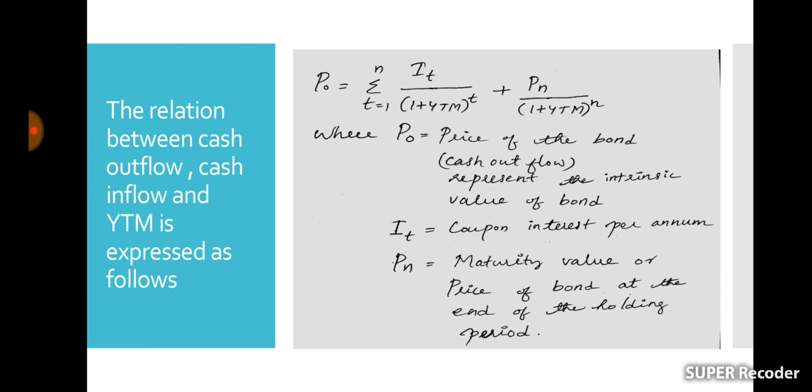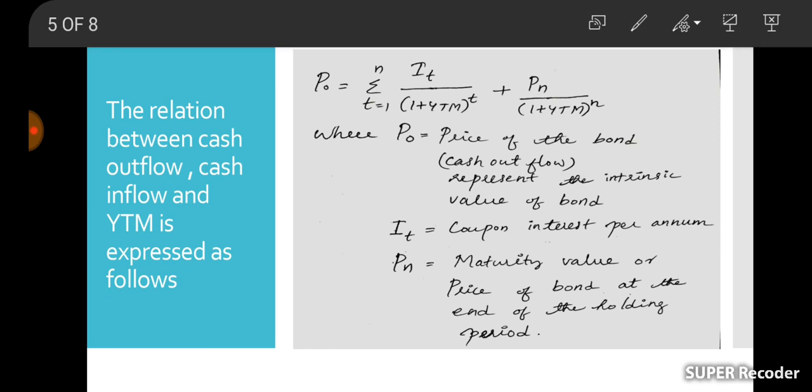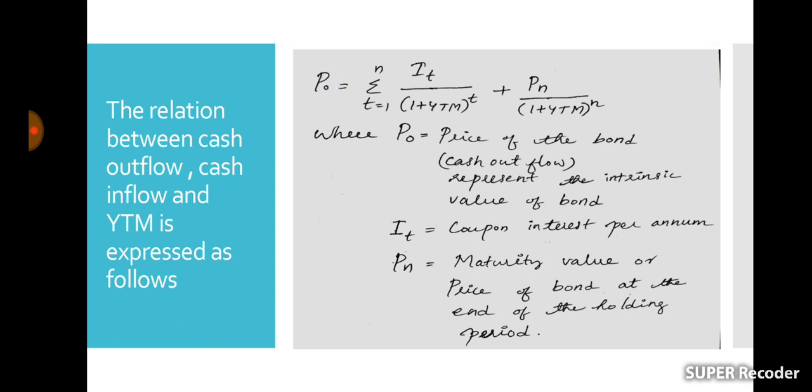Here we have established the equation like this: P0 is equal to sigma t equals 1 to n of IT divided by (1 plus YTM) raised to t, plus Pn divided by (1 plus YTM) raised to n. Here P0 is the price of the bond, that is the cash outflow, which represents the intrinsic value of the bond also.